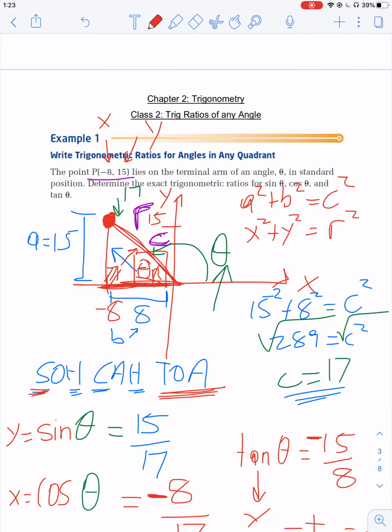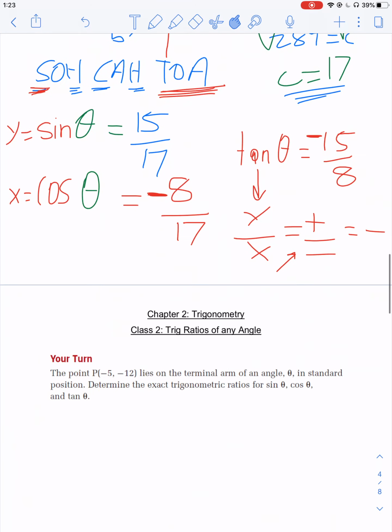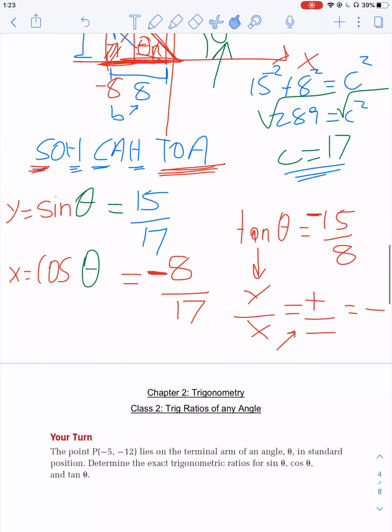Maybe let me write this down somewhere, okay? Tan theta will be positive in quadrants 1 and 3 only, okay?